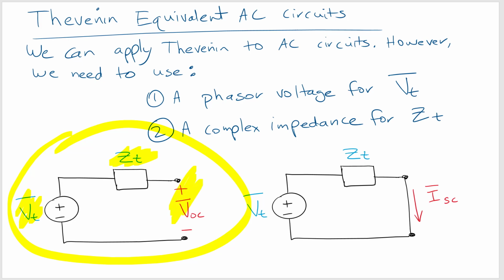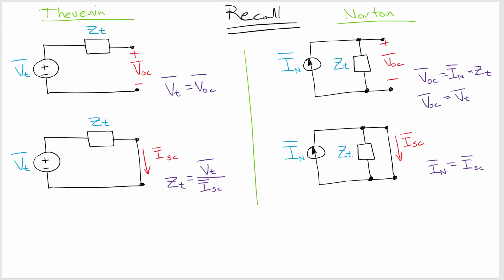There is going to be such a thing as an open circuit voltage phasor and a short circuit current phasor. And then we have the basic relationships here that you'll recall from DC circuits for both Thevenin and Norton equivalent circuits.